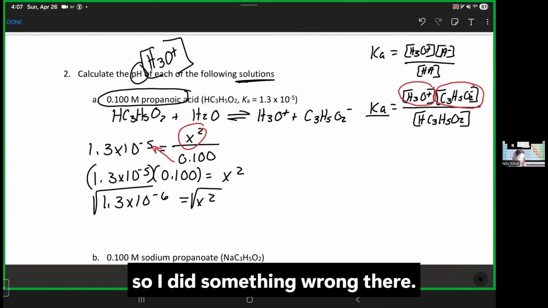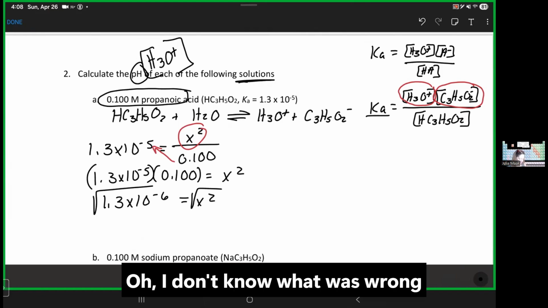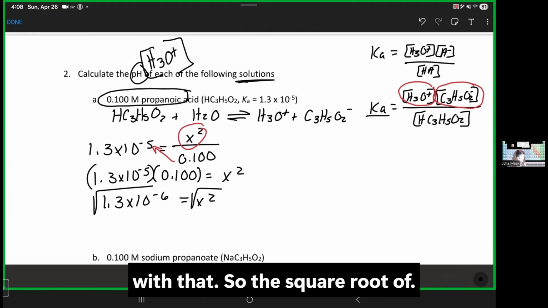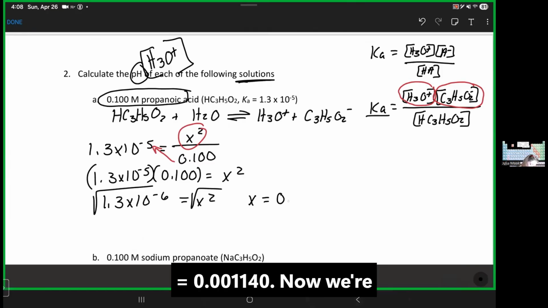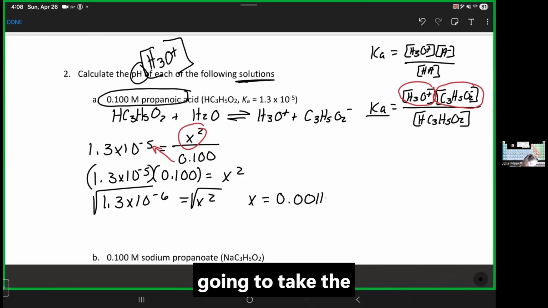So I did something wrong there. I don't know what was wrong with that. So the square root of 3. I get x equals 0.001140.